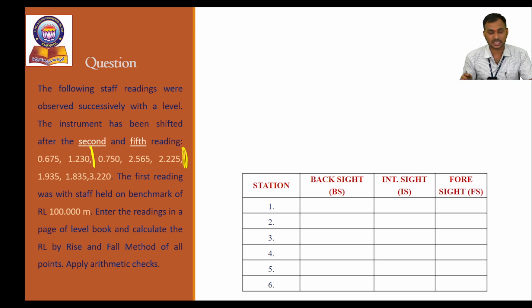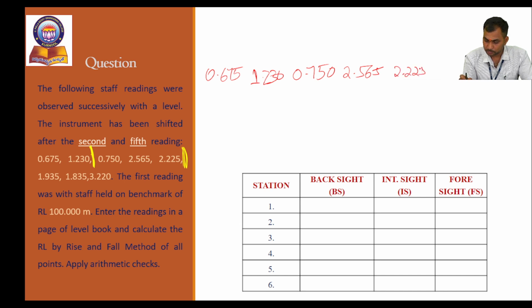For this, first we have to write the readings neatly: 0.675, next 1.230, next 0.750, next 2.565, next 2.225, next 1.935, 1.835, next 3.220. Like this we have to write all the values in a column.